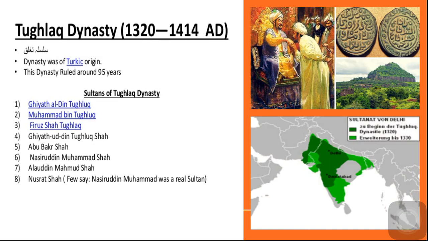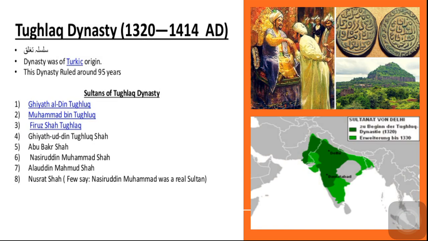In this picture, as you see, the person in the yellow gown who is bowing in front of Muhammad bin Tughlaq is Ibn Battuta, a Moroccan traveler who came to India in 1333. He had started his travel at the age of 21 and journeyed through Africa and Asia.